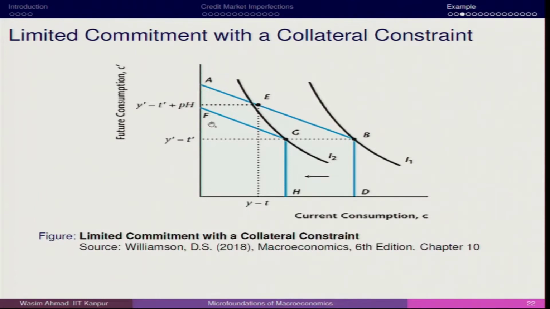But what happens if the value of the collateral comes down? If the value of the collateral is coming down, then there is an inward movement of the budget line. So, instead of A, B, D, now the consumer's income comes down, because the collateral wealth, which we have assumed to be housing, has lost value. The value of the house has come down. As a result we see a decrease in income, but here we have to think from the current consumption and future consumption perspective.